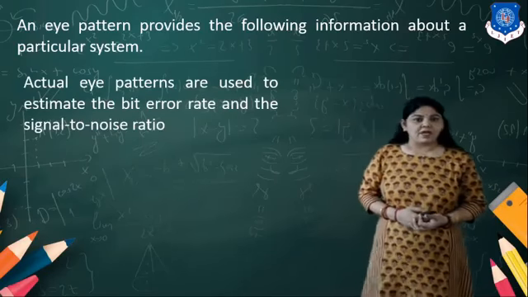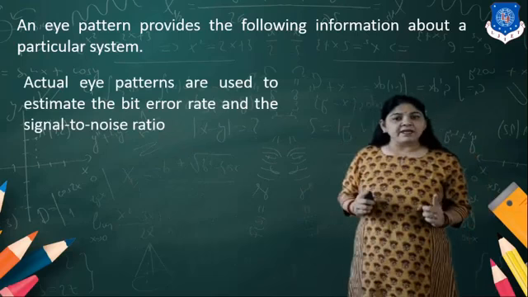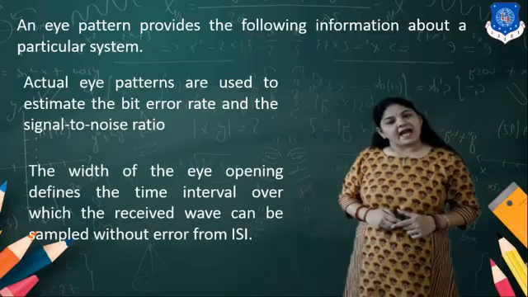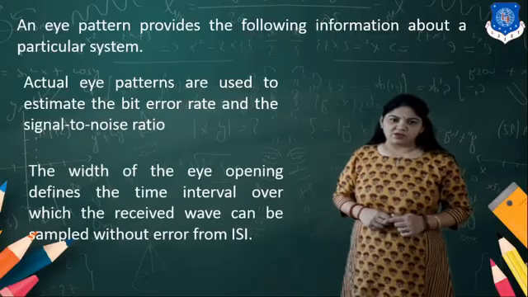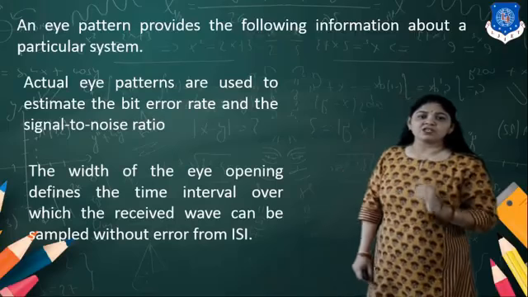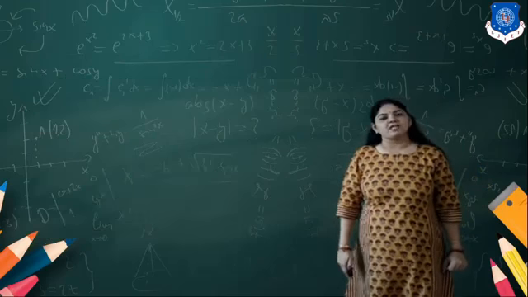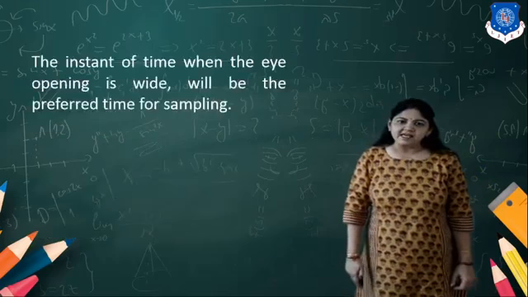The eye pattern provides the following information about a particular system. Actual eye patterns are used to estimate the bit error rate and the signal to noise ratio. The width of the eye opening defines the time interval over which the received wave can be sampled without error from the ISI.